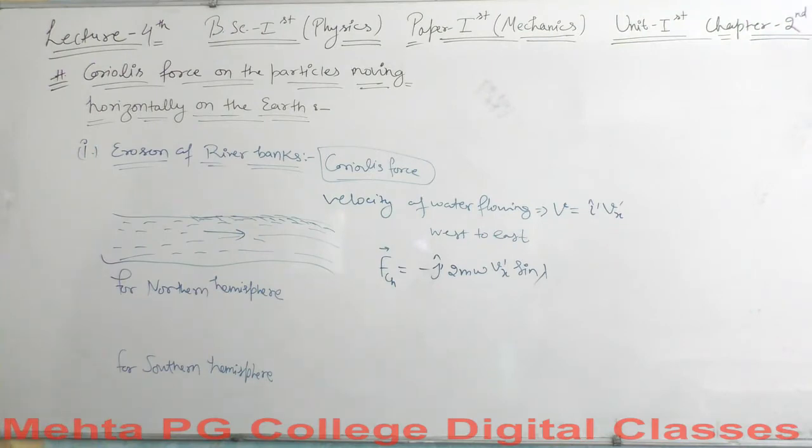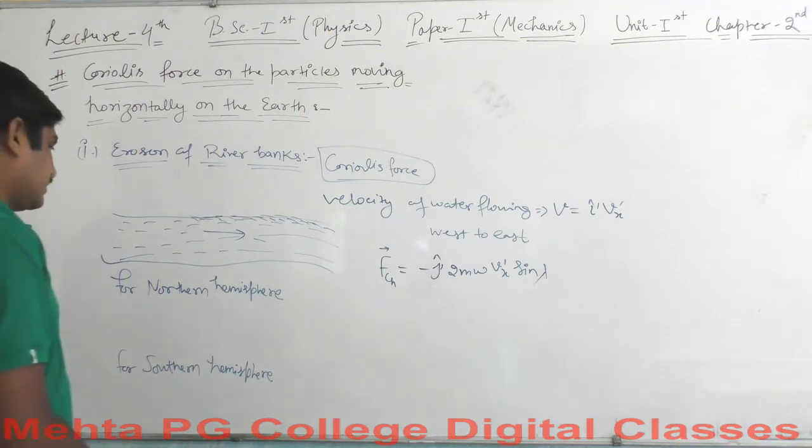From this equation, the erosion will take place on the right bank of the river flowing from west to east in the northern hemisphere due to Coriolis force, and on the left bank of the river in the southern hemisphere.